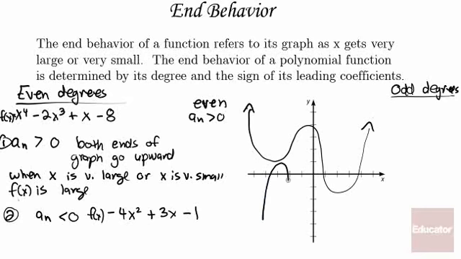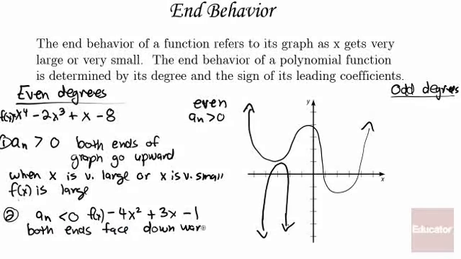So let's look at this. Here, and this could have had a higher degree, higher even degree, like 4 or 6 or 8. But let's just look at the parabola. Here, both ends face downward.